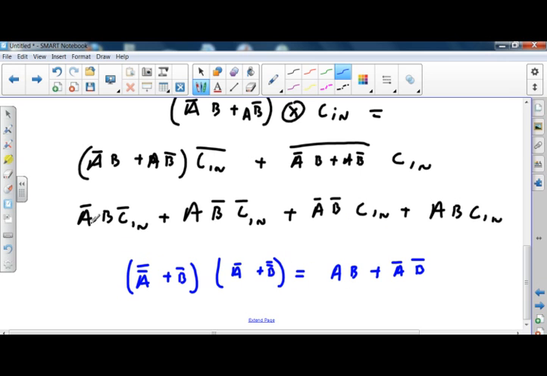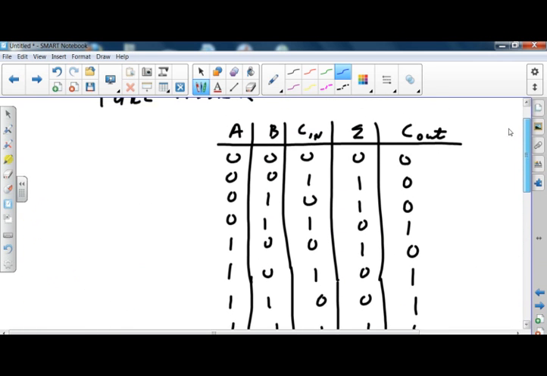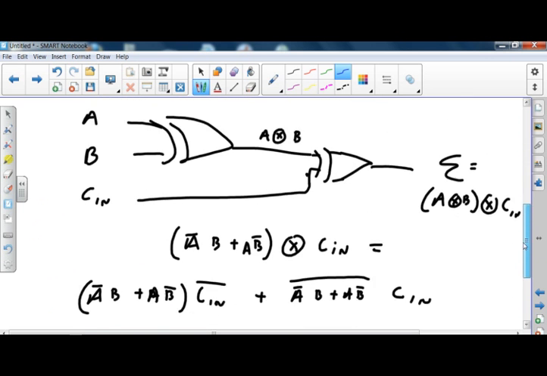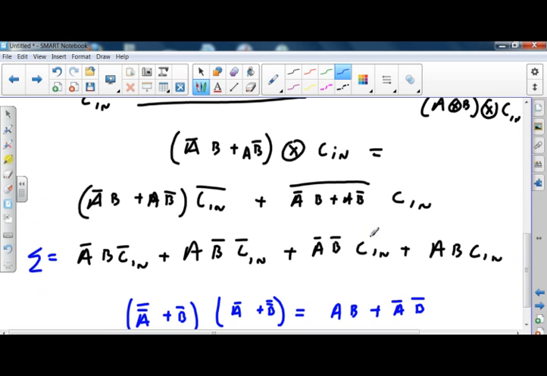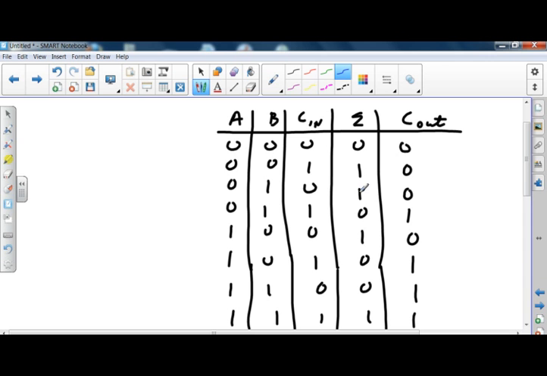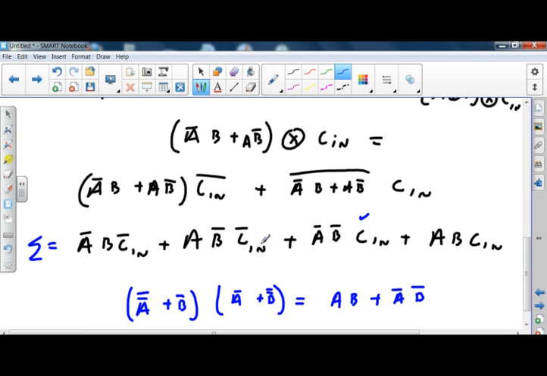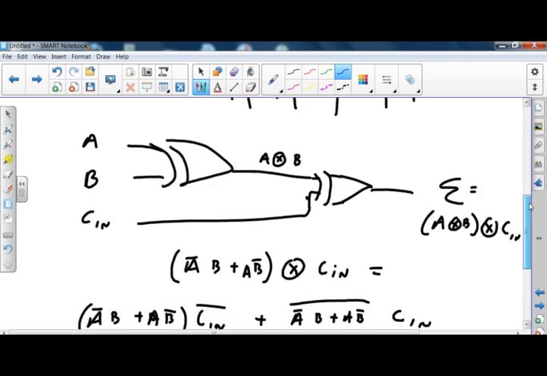Well, now the issue is, is this really the summation that we had up here? So I look back up here and I need a 1 at A not B not C in. A not B not C in, check. I need a 1 at A B not C in not. A B not C in not, check. So is that the right one?